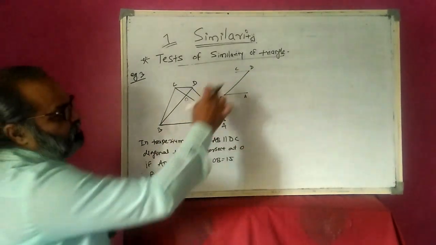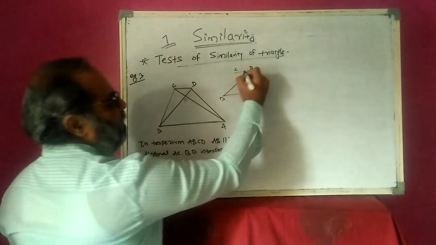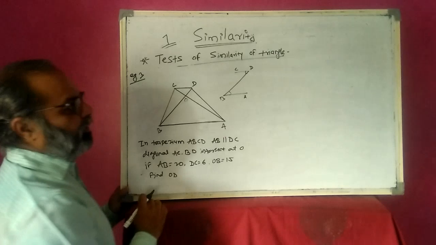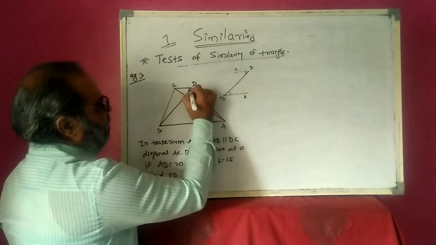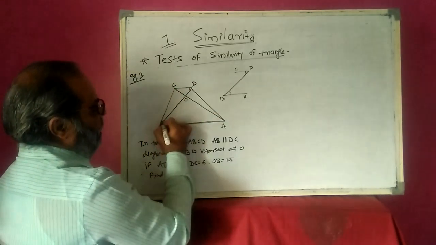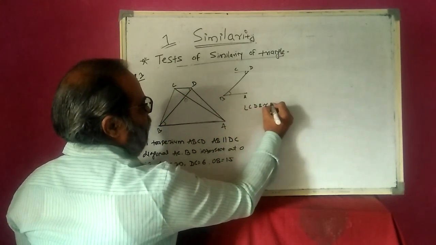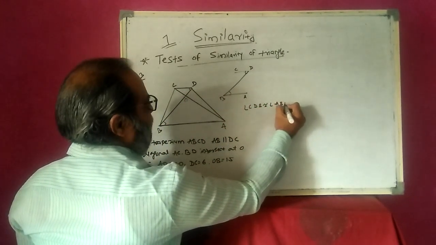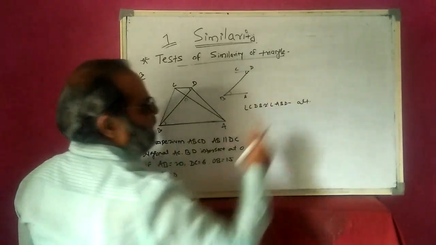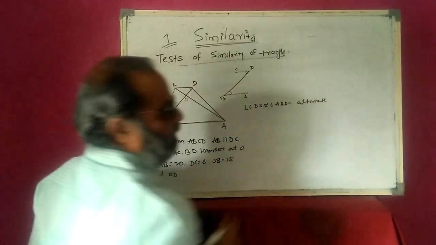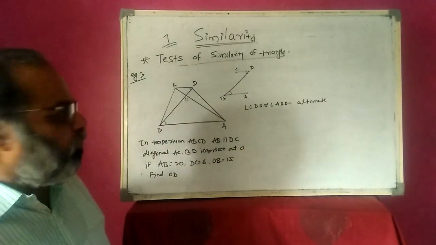So we know the lines are parallel and one transversal is there. Angle CDB is congruent to angle ABD. These are alternate angles, and we know that when the lines are parallel, alternate angles are congruent.